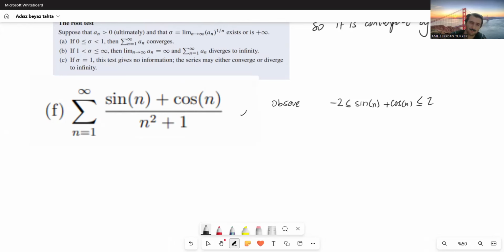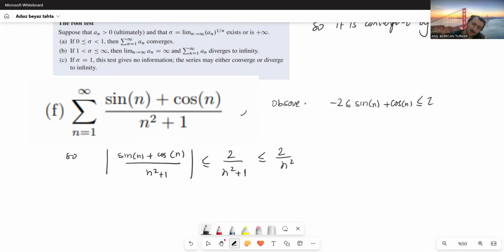So let me put everything inside some big absolute value. So above is less than 2. Since this denominator has an extra term, it is less than 2 over n squared, right?